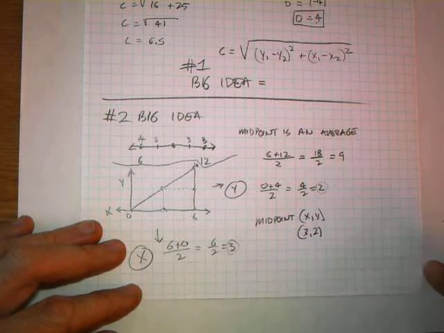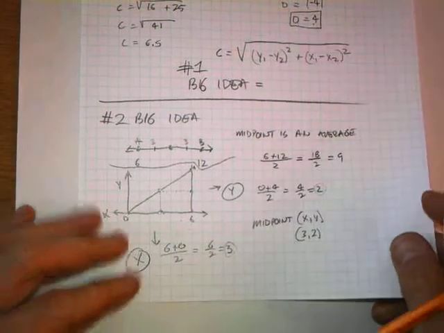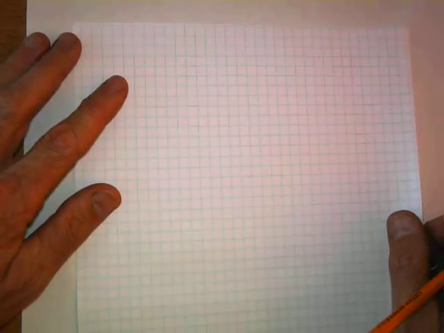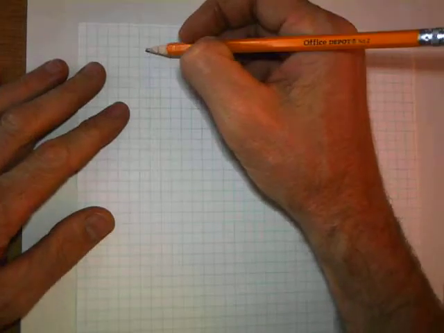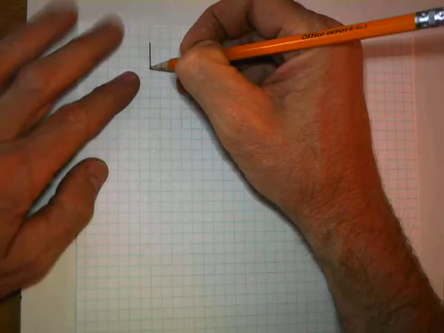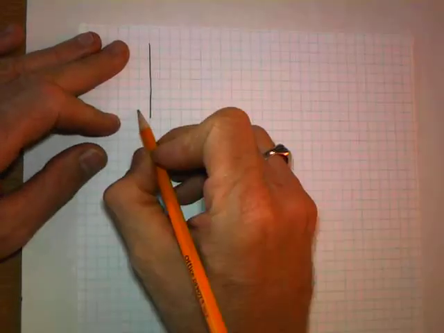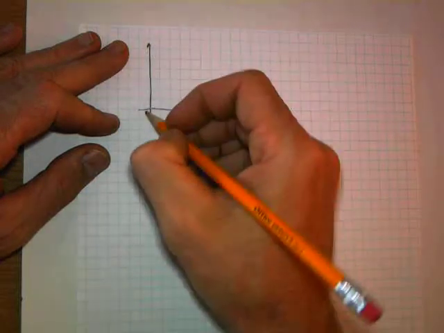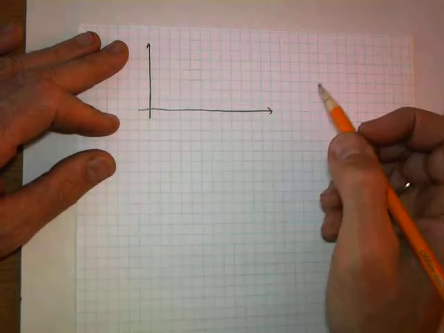So now we're going to take this one step further. Now we're going to do the midpoint of a triangle where all that we are given are the coordinates. And this is the challenge part. So here we go. Let's just go ahead and make ourselves a graph, and let's draw a triangle on here.